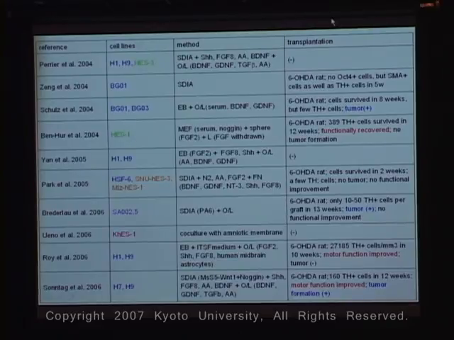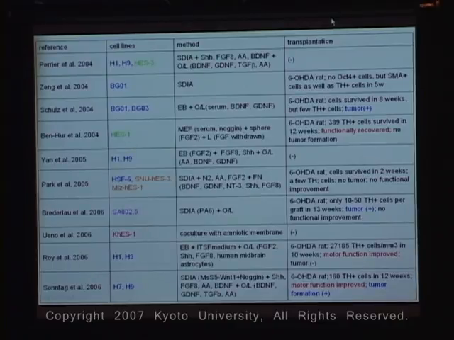So it is true that dopaminergic neurons can be generated from human ES cells. And what is the function? There are 5 papers in which the cells were grafted and motor behavior analyzed. Out of 5 papers, 3 mentioned that the motor function was improved.